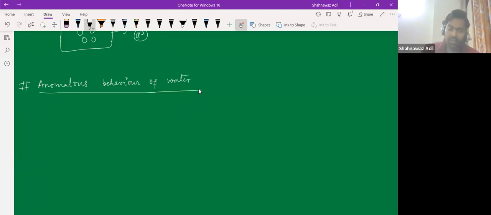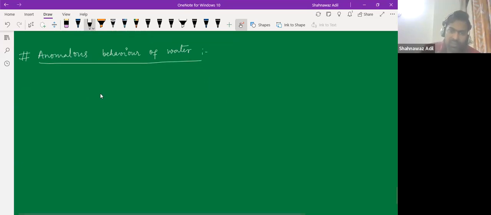Right? And the nature is, we don't know how this nature works, but somehow if we increase the temperature of the water, then at a certain point its volume decreases and its density increases, right? So the variation of volume.